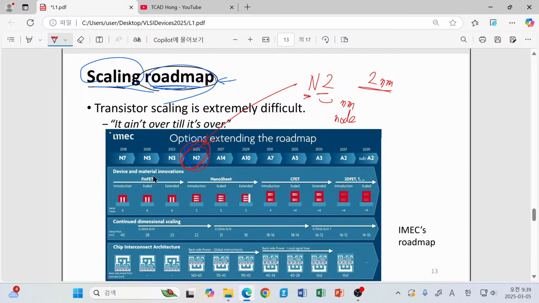We are currently in the era of the 2 nanometer node, and we will now move to A technologies. The A corresponds to angstrom, but once again, there are no real angstrom scale devices, but we will move in that way.